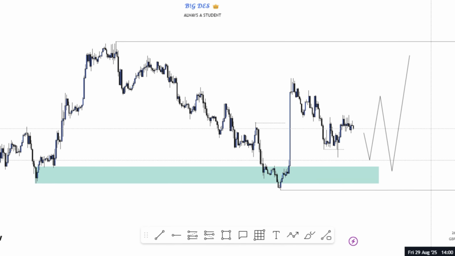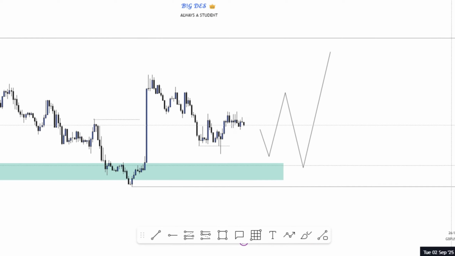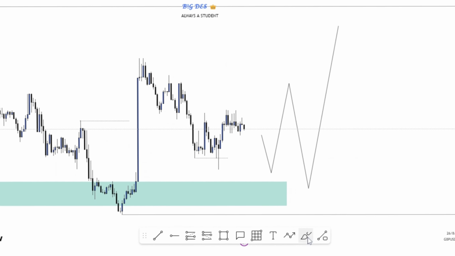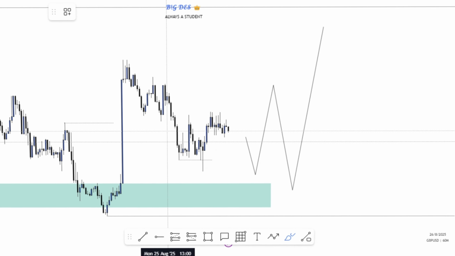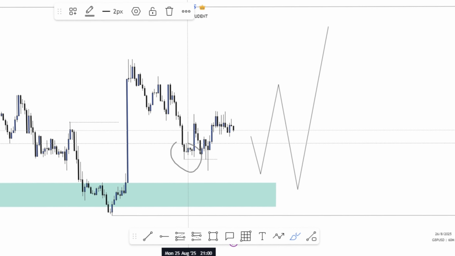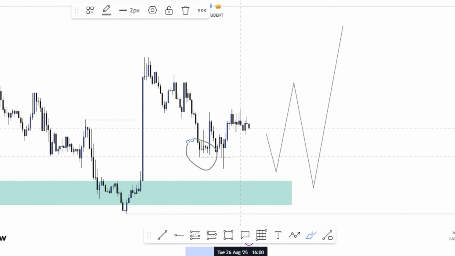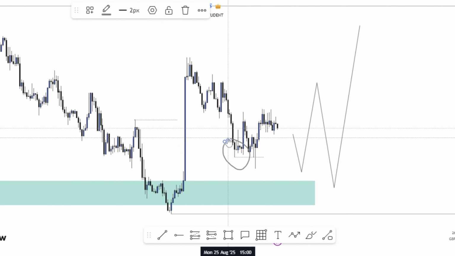Okay. So I've had the sweep over here. As expected, I've had liquidity being taken over here, these lows, which happen to be Monday's lows. But then unfortunately, price couldn't give us the body break we expected.